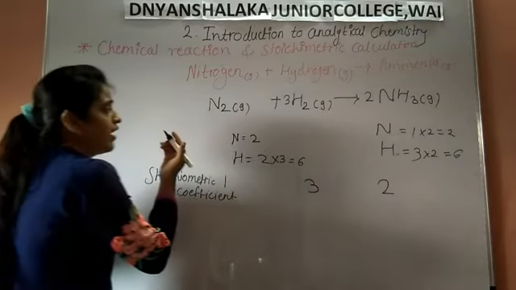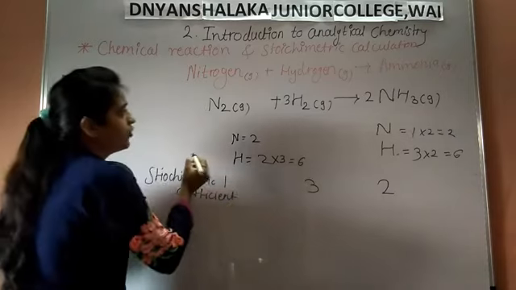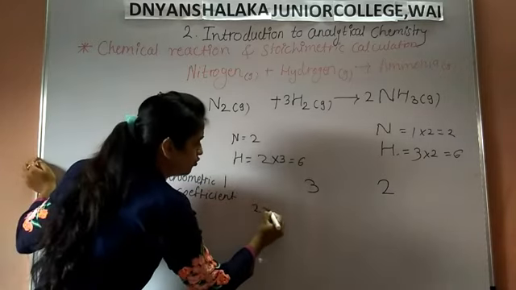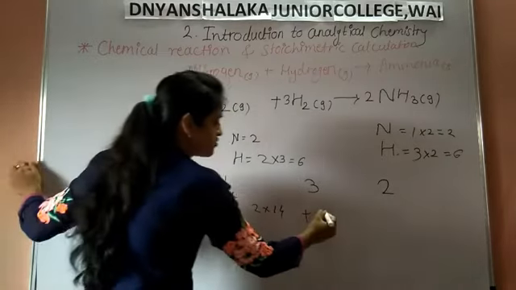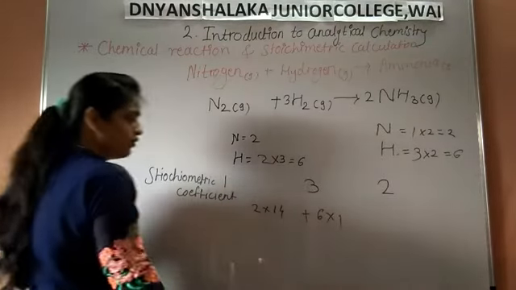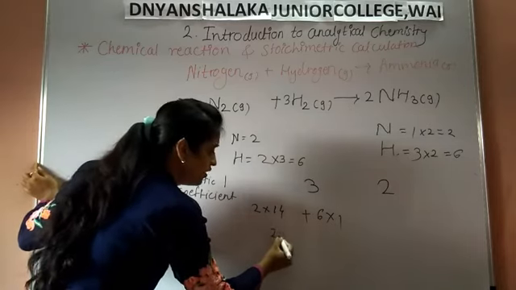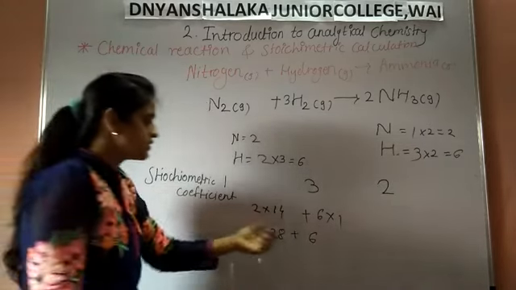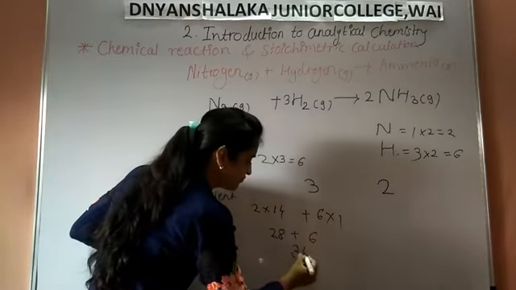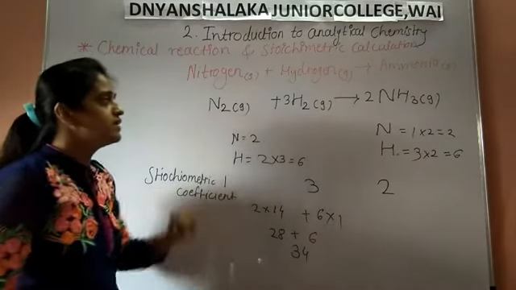The mass of reactants: nitrogen 2 into 14, plus hydrogen 6 atoms, so 6 into the atomic mass of hydrogen, 1. So 28 plus 6 is 34 grams on the reactant side.